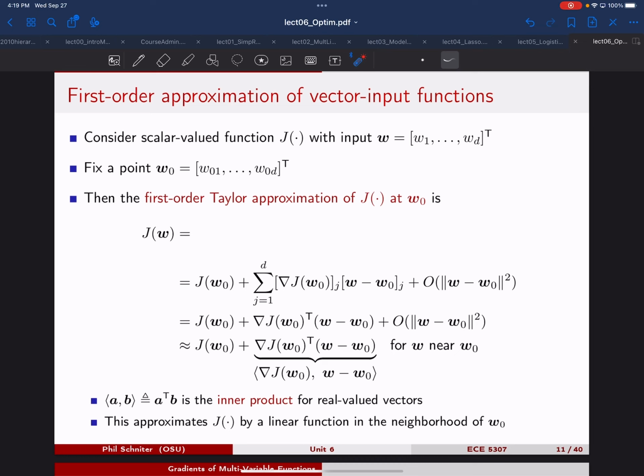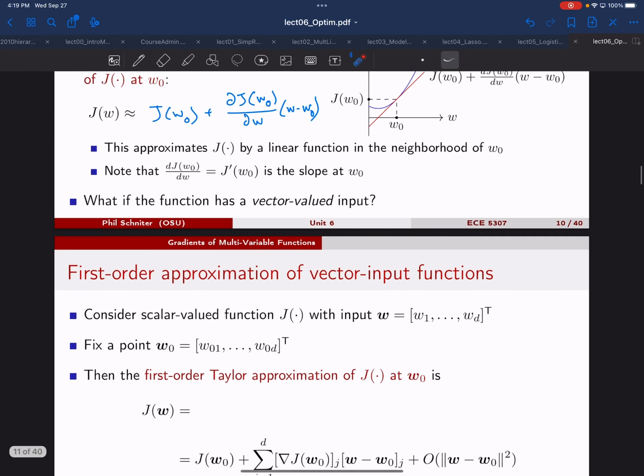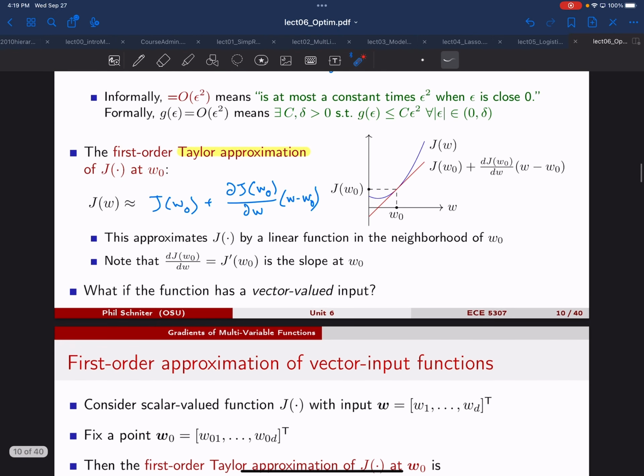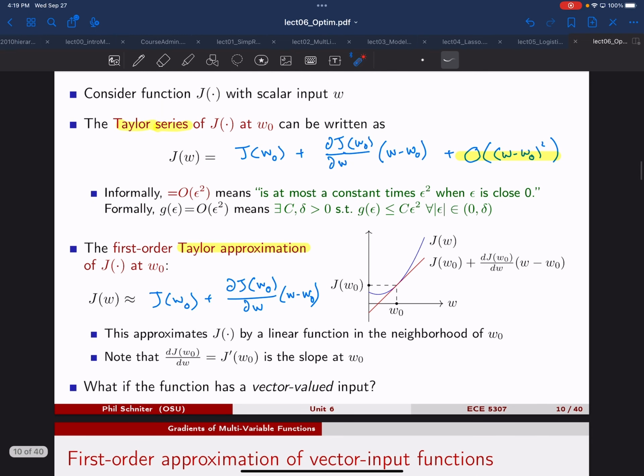We'd like to write the first order Taylor approximation of this function. So how do you think we do this? The hint is it's going to be pretty similar to what we have here, except it needs to involve more parameters than one. Any guesses of how that's going to look?